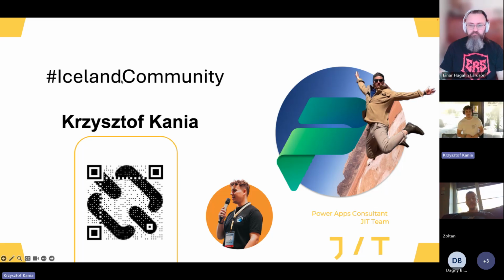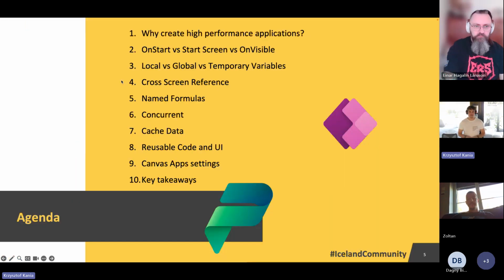Okay, so we will talk about the performance optimization for Canvas apps. What exactly will we go through is the point-by-point listed on the screen as the agenda, which is really important. So we'll follow a few basic steps. We'll answer the question why we should create performant applications.